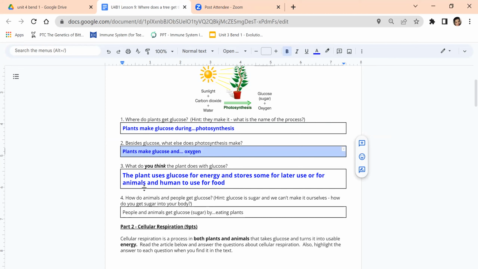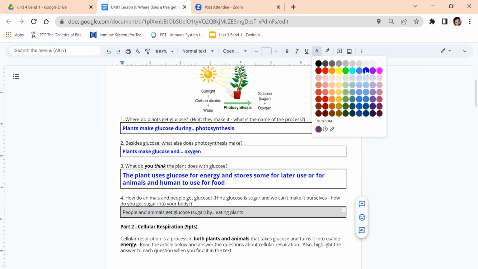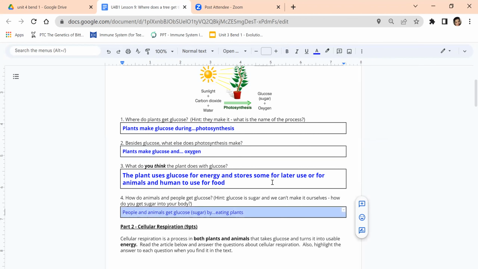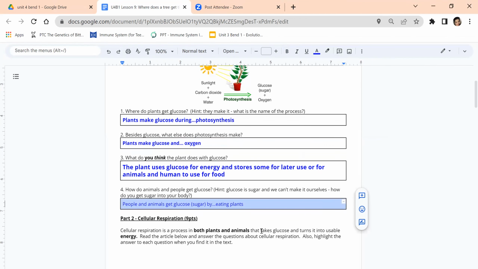The plants use some of the glucose for their own energy, and then they store the rest of it so that they can use it later, or so that animals and humans can eat the plants and get the energy that they need as well.